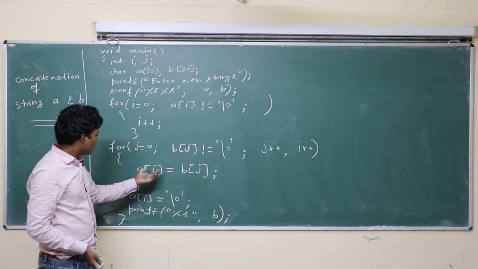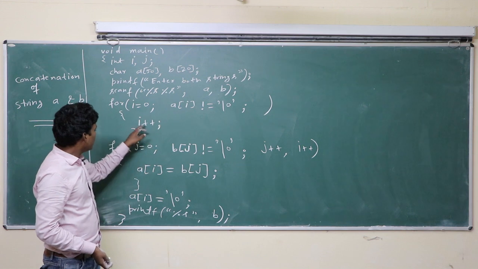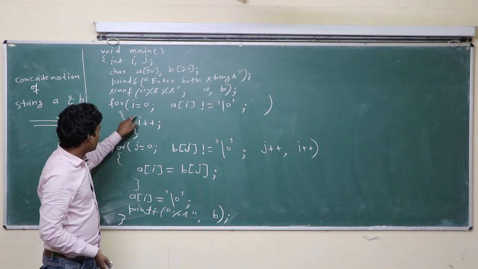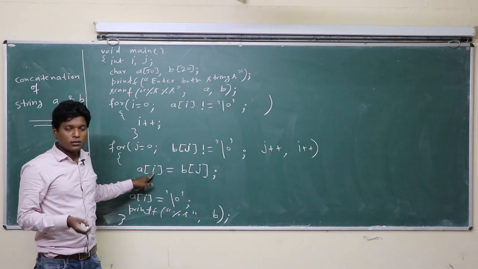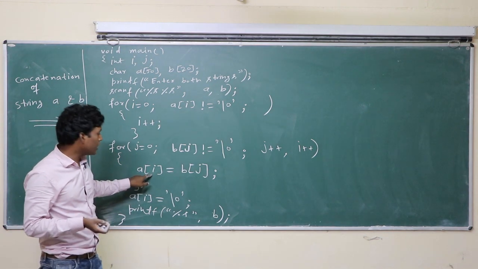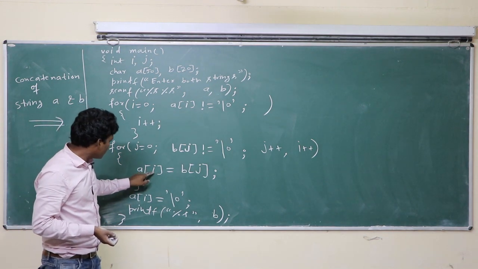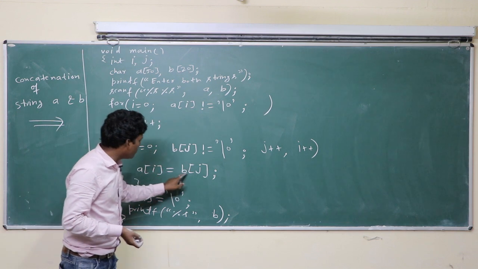But i started from this value. Here i has the length of string A. So a of i equal to b of j.